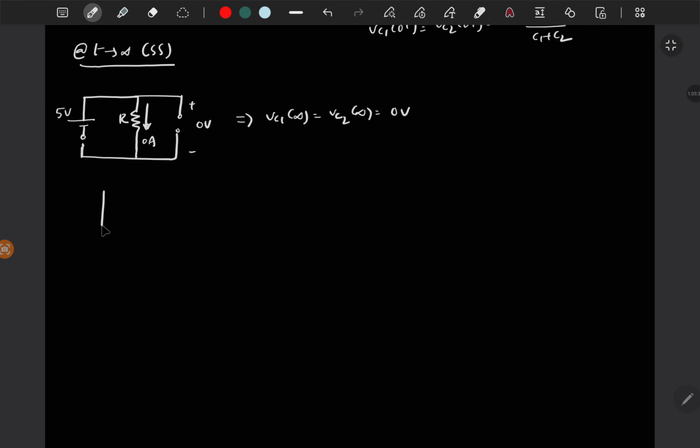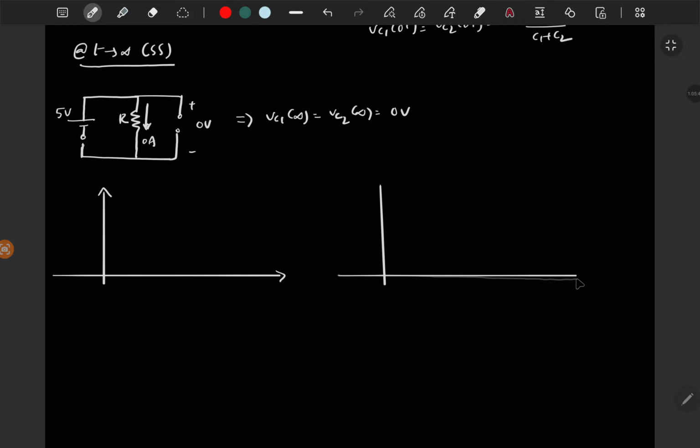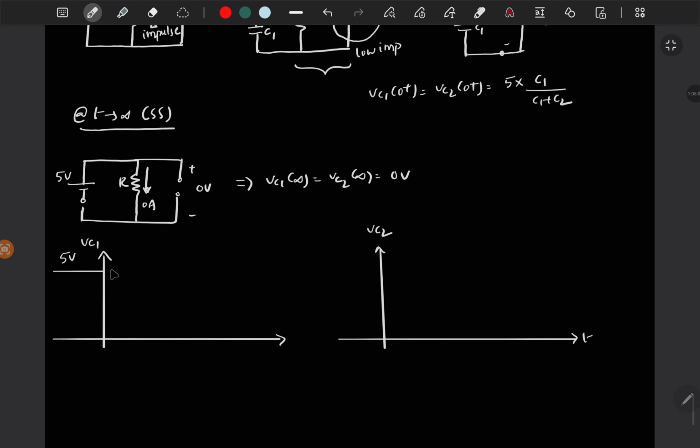So if you draw Vc1 and Vc2, then initially Vc1 is having 5 volt, and at t is equal to 0 plus, and initially Vc2 is 0 volt, right?